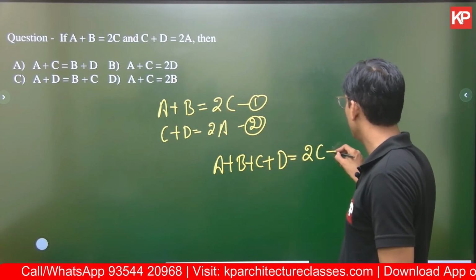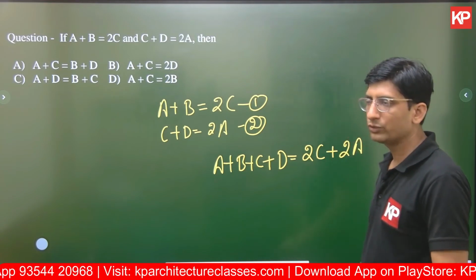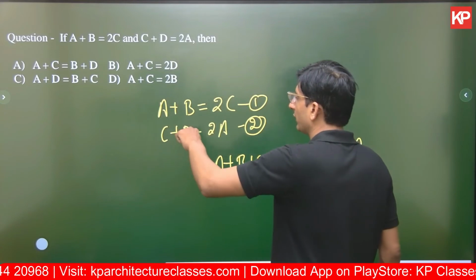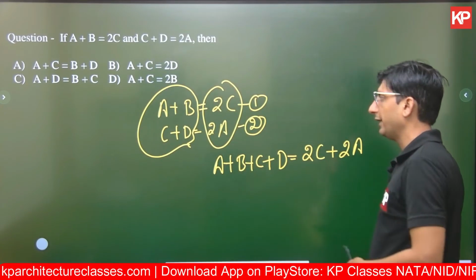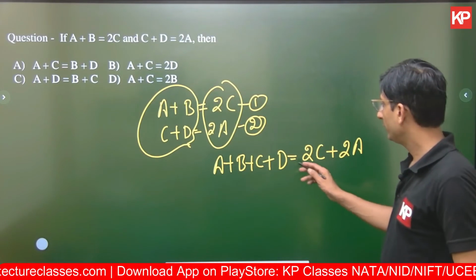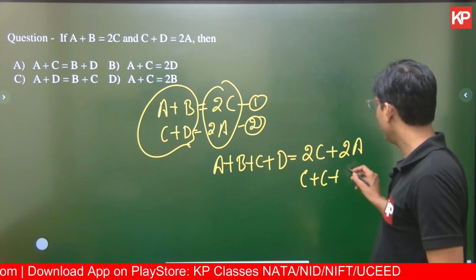This is just a way of adding. When you are adding two statements, you have to add things which are on the right and on the left. So here we are adding 2c and 2a. Now I can write 2c as c plus c and 2a as a plus a.